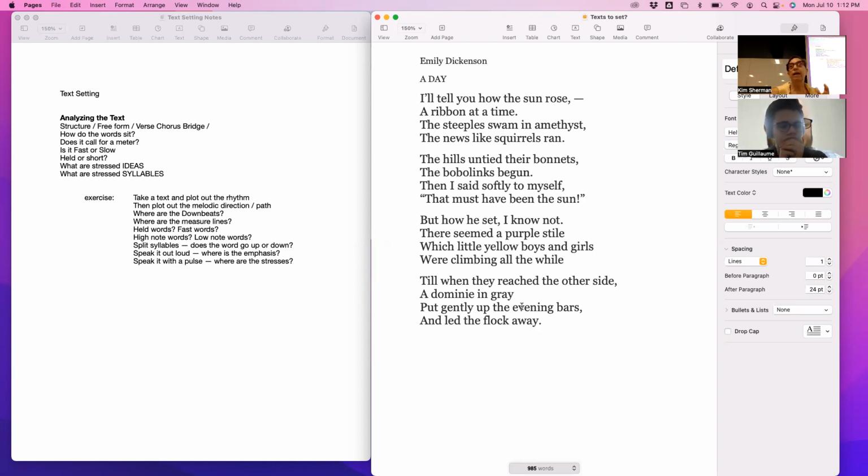And again, what does it mean? And then there's words like, what's a bobolink? And what's a dominie? I think a bobolink is a bird of some sort. Yeah, I don't know what a dominie is. Let's look it up.